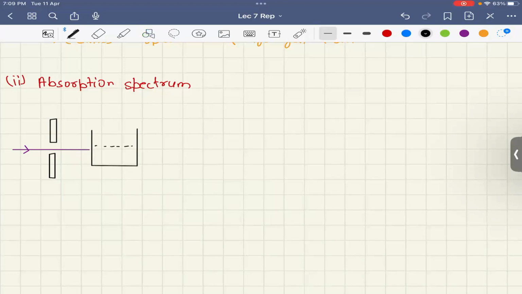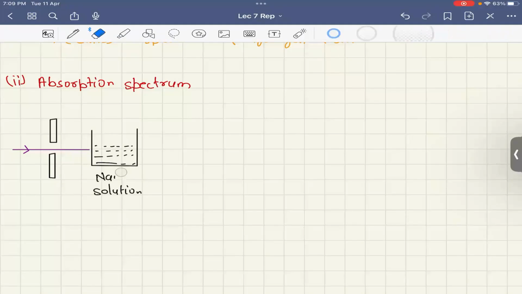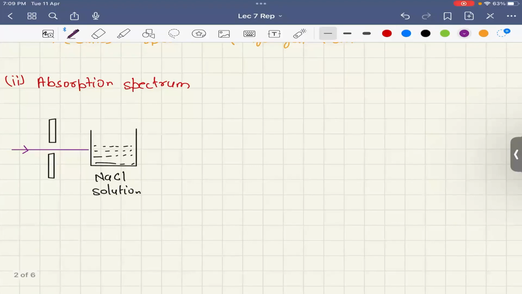This is the NaCl solution. This is the light, and these are the slits.